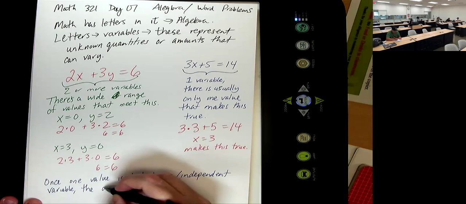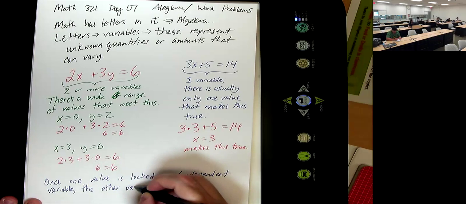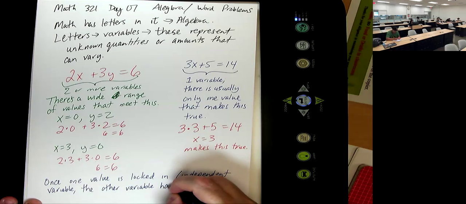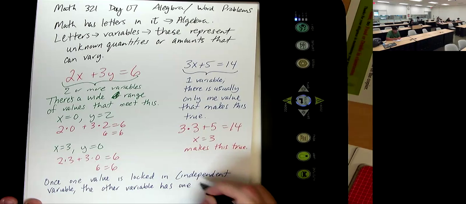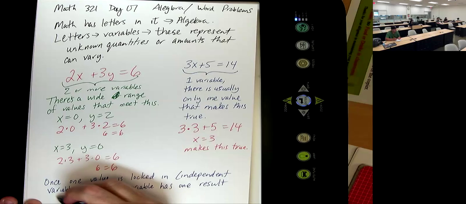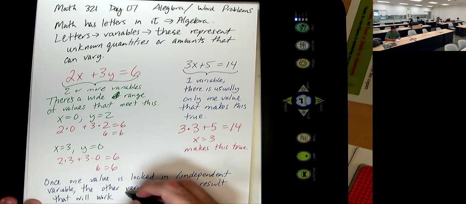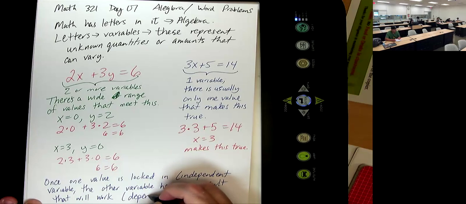The other variable has only one possible result that will work, and we call this the dependent variable.